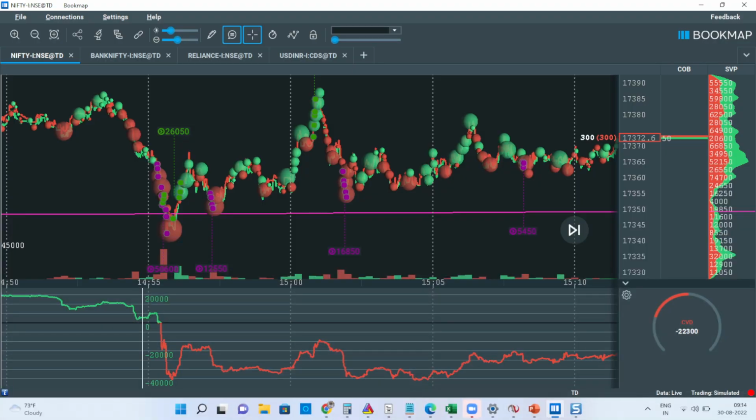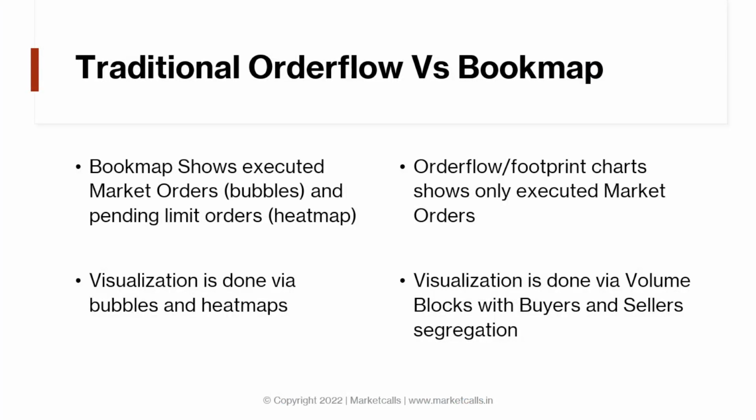Bookmap provides a beautiful way to visualize the places where the absorption is happening and where the sweeps are happening. Visually you can see this information, and it will be helpful for you to take decisions. The only difference between traditional order flow and Bookmap is this: there are two kinds of order flow, and one is called footprint charts. The Bookmap shows market orders and also pending limit orders.